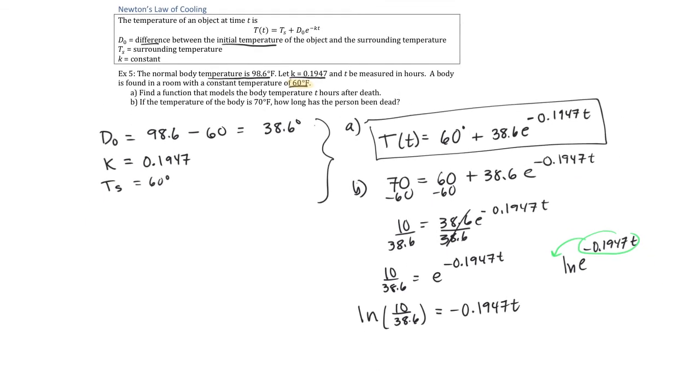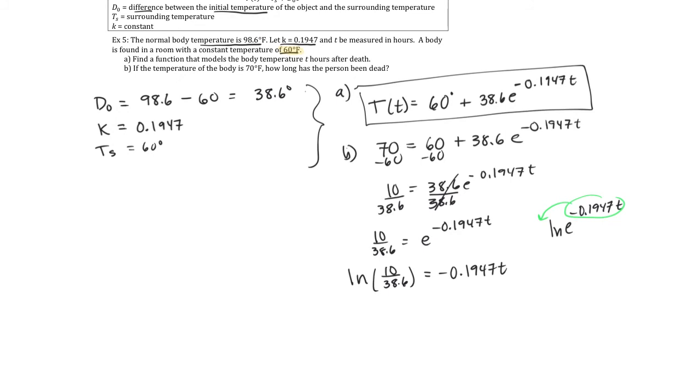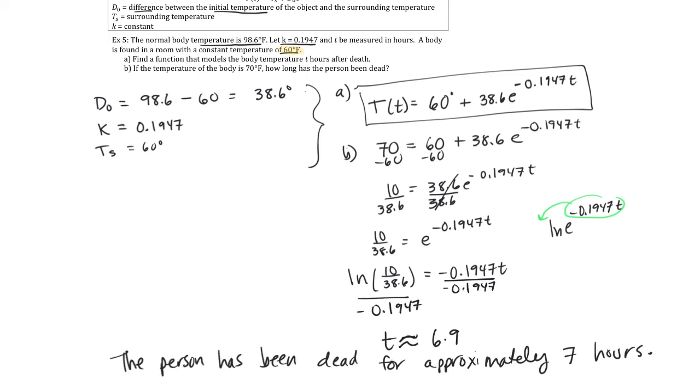Okay, so now we're just going to divide both sides by negative 0.1947 to solve for t. So t is approximately 6.9, and we're measuring this in hours. All right, so we can just check our watch and figure out time of death.